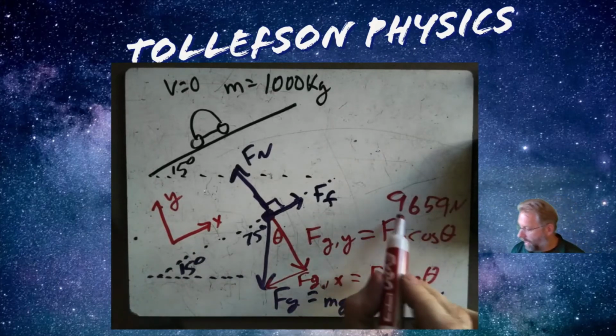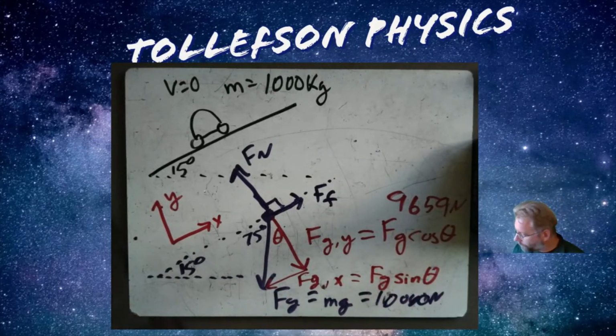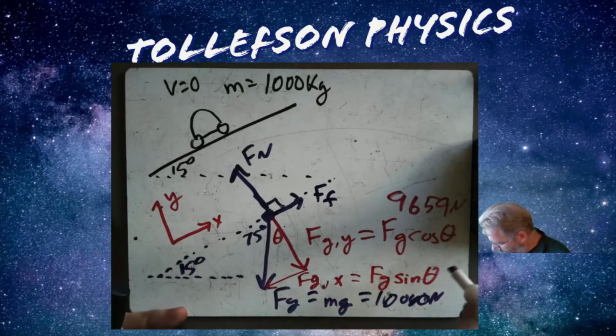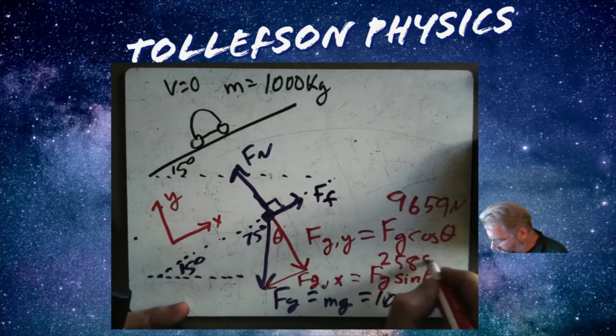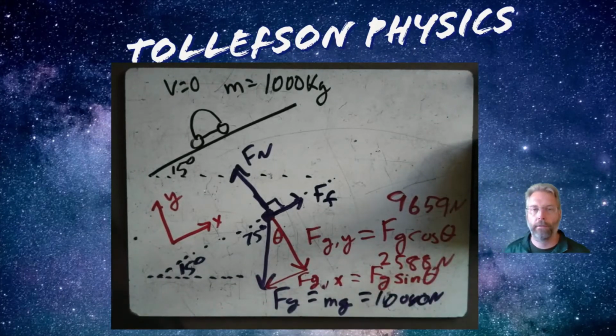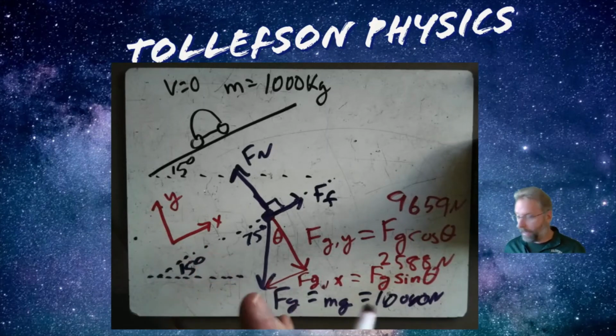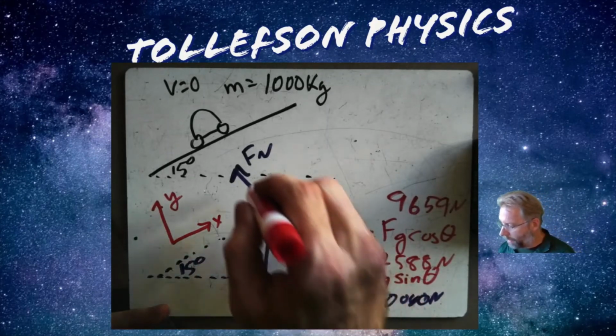So that's 9,659. And in the other one, we're going to do 10,000 again, times sine 15 degrees. And this is, write it here, 2,588 newtons.